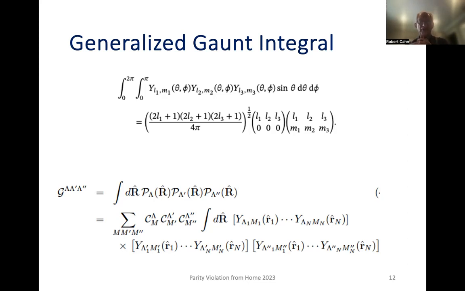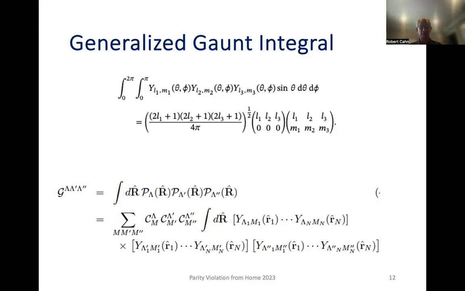Instead of having three spherical harmonics, we have three of our isotropic functions, each one of which is a function of three unit vectors, R1, R2, and R3. I've simplified the notation here just by writing a capital R hat, but that stands for the three unit vectors in the directions of R1, R2, and R3.